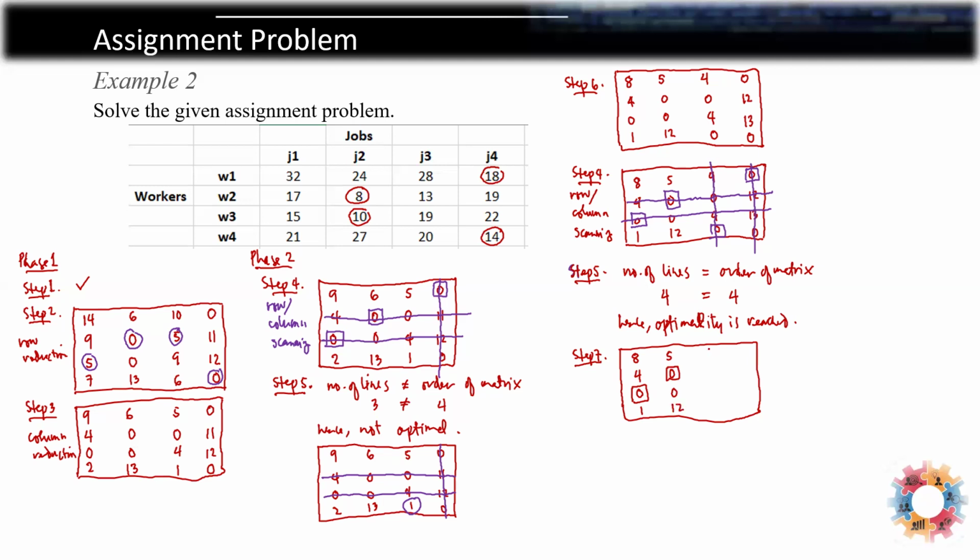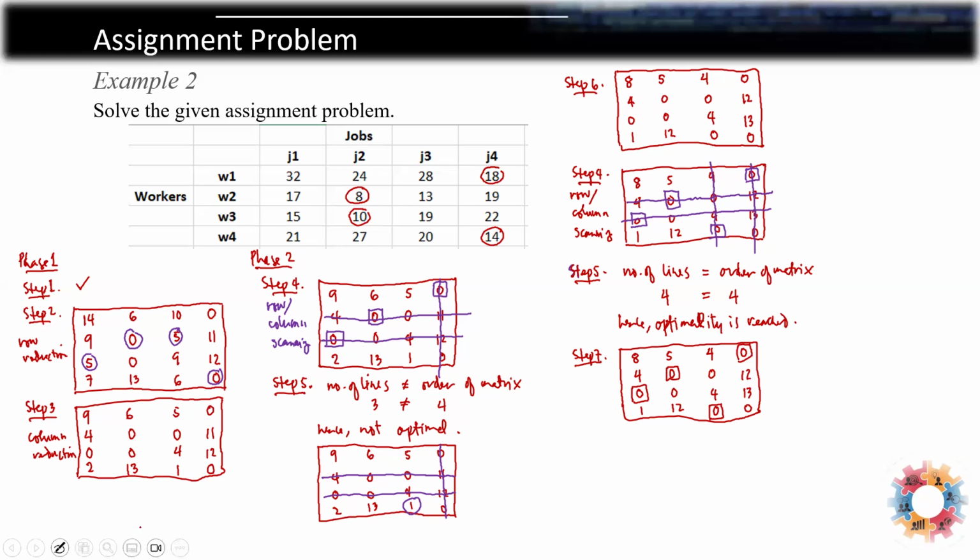We have 4, 0, 4. Then this 0 is squared, right? Then we have 0 here. This is also squared. 12, 13, and 0.